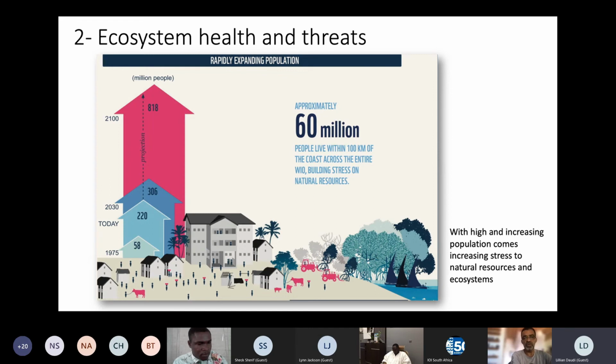So that's an immense growth in population and demand and pressure on the ocean and coastal assets. When we did this report, we calculated 60 million people living within 100 kilometers of the coastline. So population is a critical issue that needs to be dealt with.